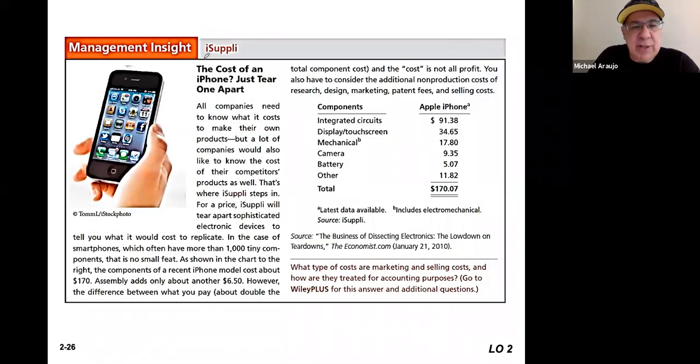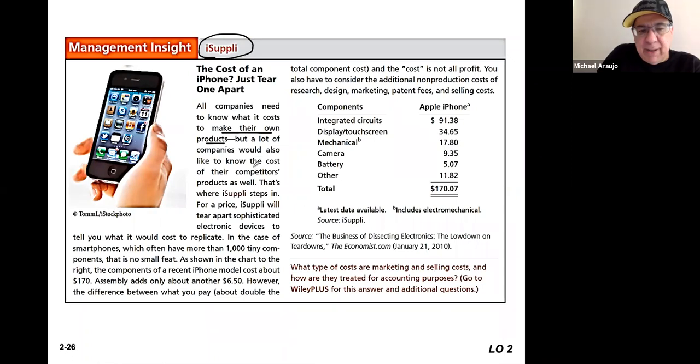This is a very interesting story, and I'm glad the book has it. A company called iSupply will tear apart any iPhone or electronic piece to let a competitor know what the cost of the components are. It's very interesting because a lot of companies think they can make their own product.